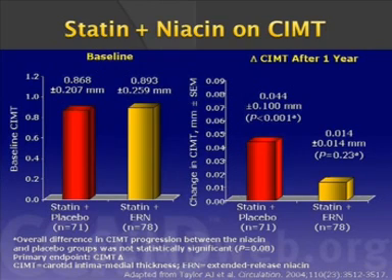There is a reduction in the CIMT after 1 year, but if you see the statin plus niacin, the reduction is profound compared to what occurred with statin alone. Statin alone can reduce the CIMT values and the atheroma burden, but if you add niacin, the CIMT values are much lower and the atheroma burden is reduced.